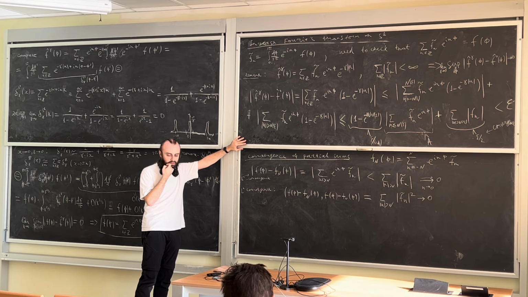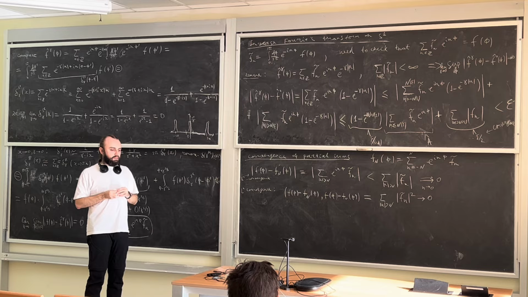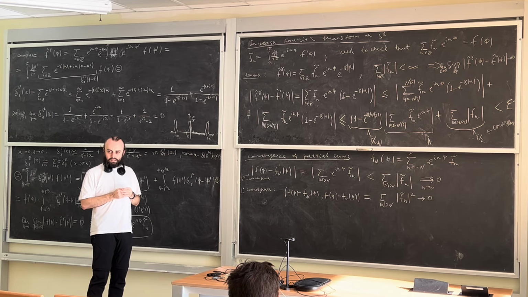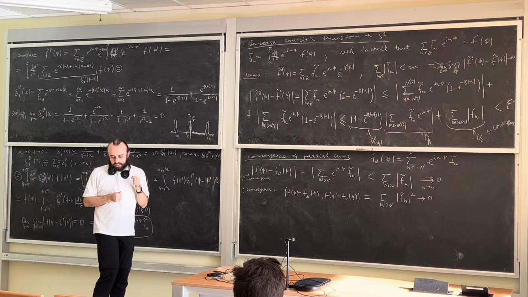So the partial sums of the Fourier series converge in L2 always, but if the function is only continuous, then it does not converge uniformly in general.